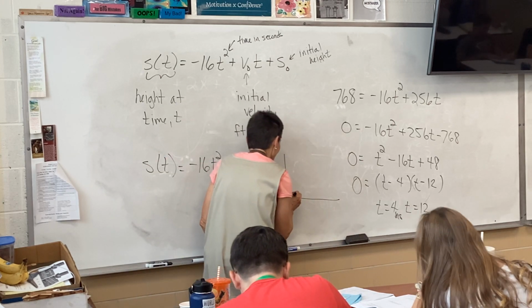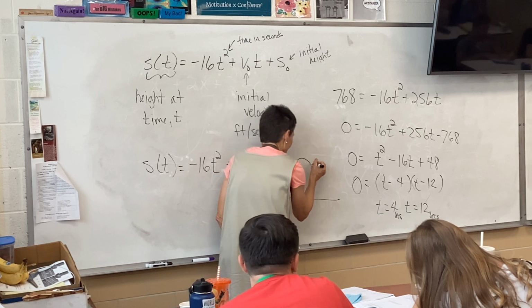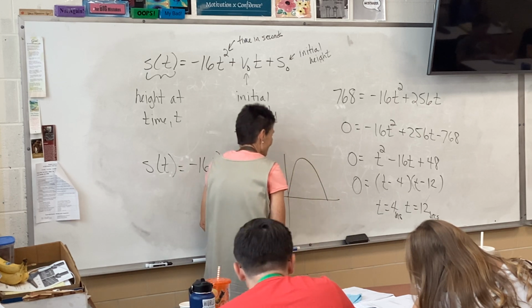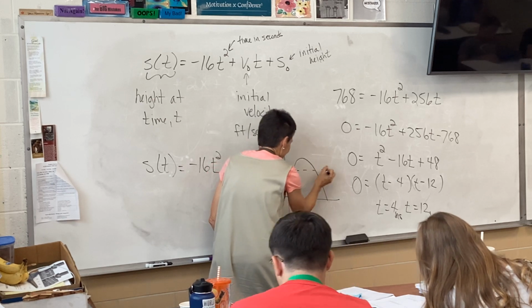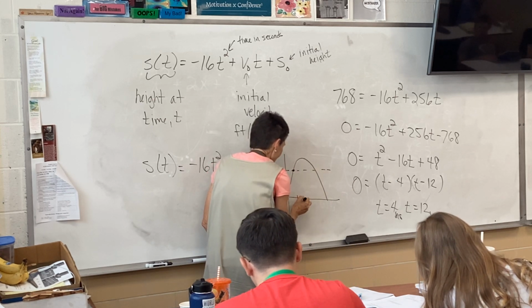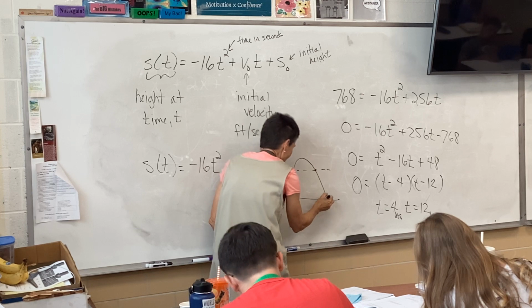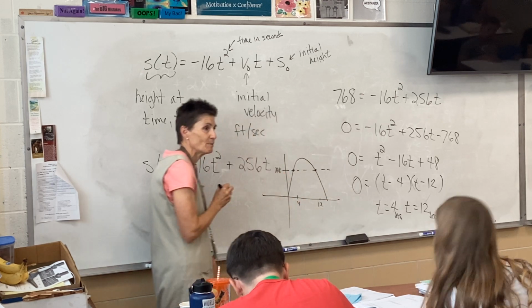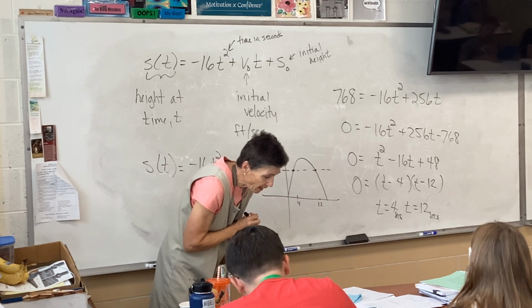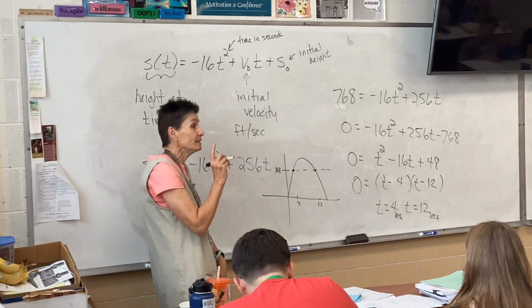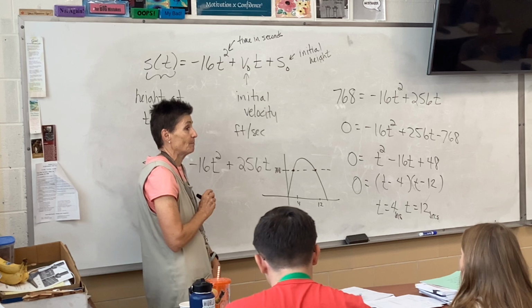So I'm going to go ahead and draw my object coming up and coming down. Here's 768. So right here is 4 seconds, and right here is 12 seconds. Does that picture make sense to everybody? So I want to know, when will the height above the ground be at least 768?